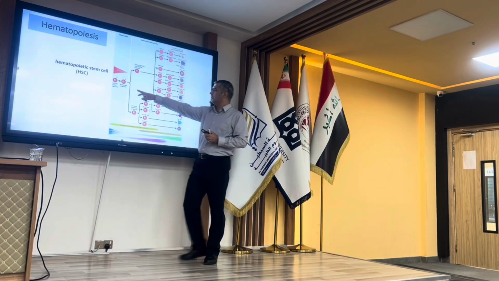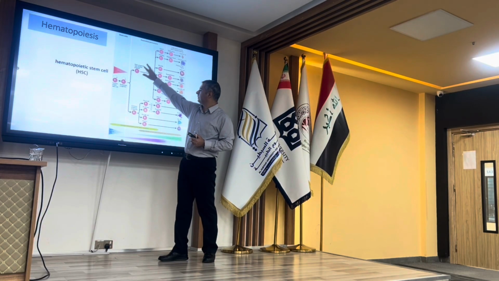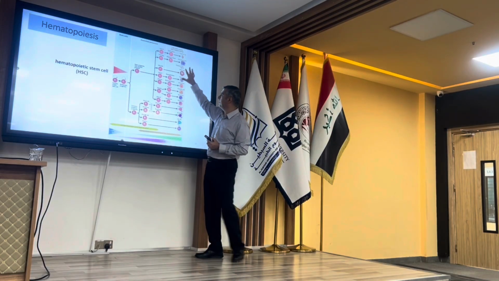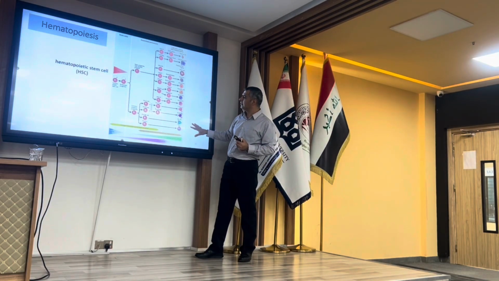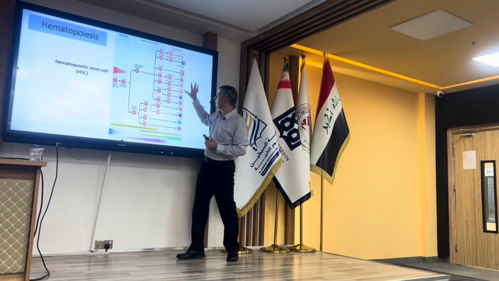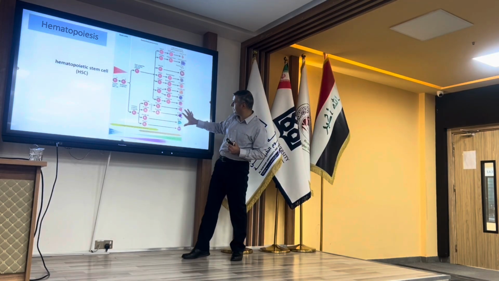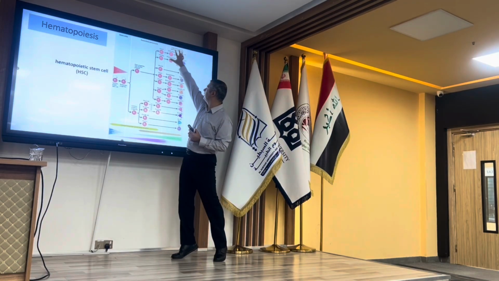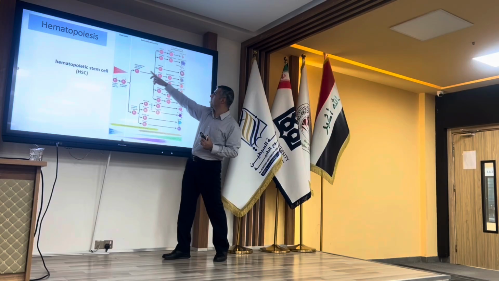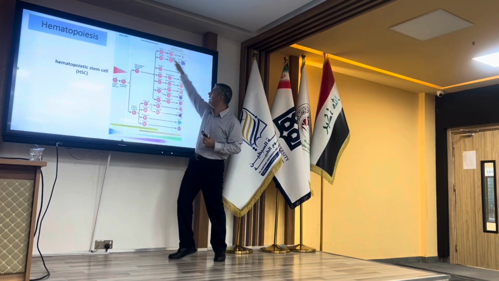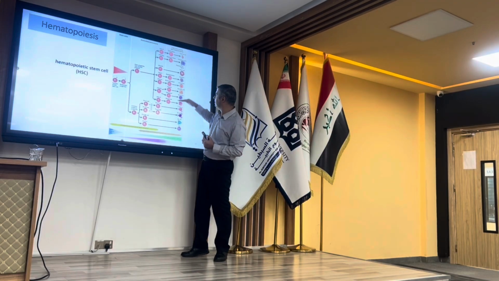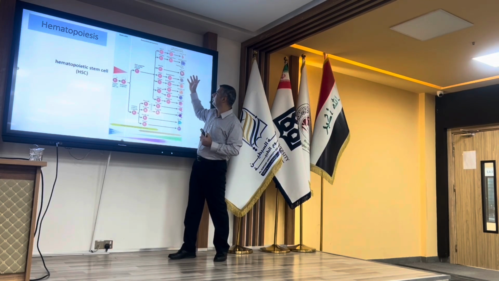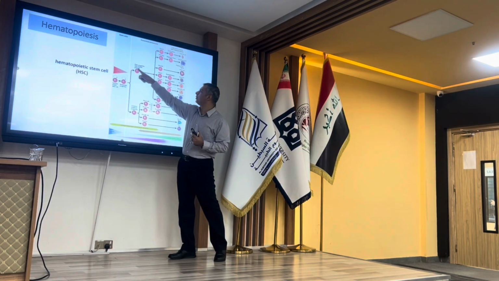And this is a hematopoietic stem cell that can produce all the cells. You can see here that we have two branches of cells. One branch is this one, the other branch is this one. The upper branch is called myeloid lineage cells; all of these cells develop from a myeloid progenitor.